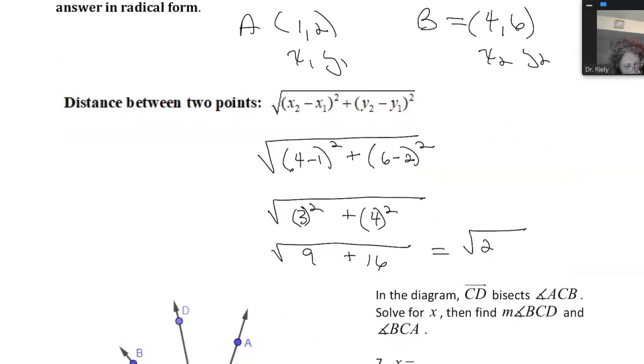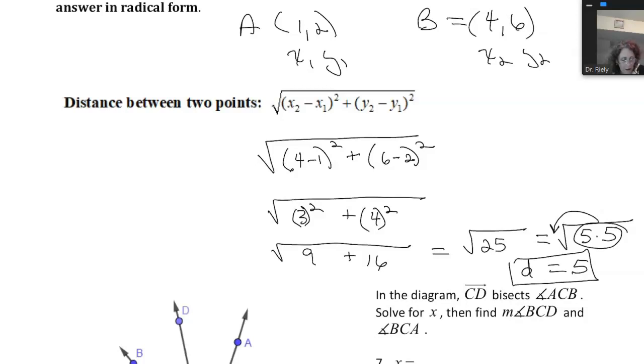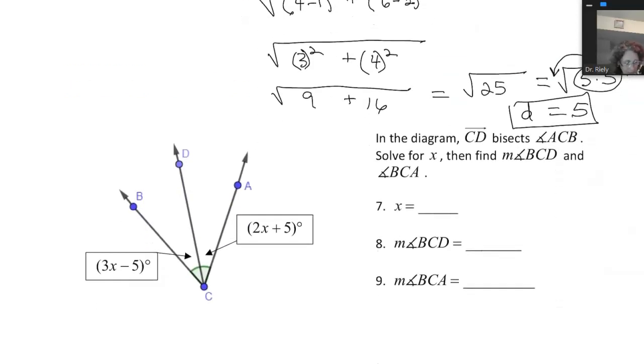This is radical 25, but I know that is equivalent to 5 times 5. They both come out. The radical goes away, and my answer is the distance is 5. So the distance in question was 5. So go back and look through that if that's confusing to you.